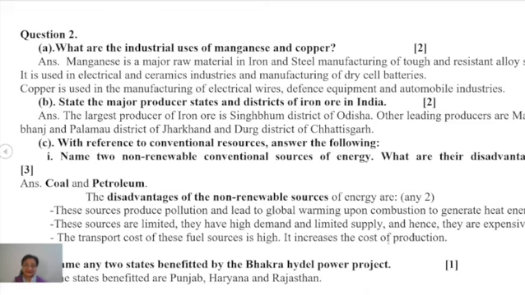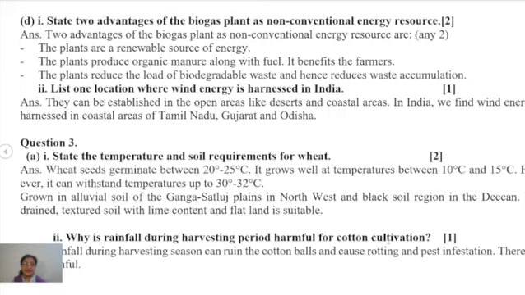Now the next part of the same question is: name any two states benefited by the Bhakra Nangal Hydel Power Project. The Bhakra Nangal Hydel Power Project actually gives benefit to three main states, that is Punjab, Haryana and Rajasthan. After this, the next question is: state two advantages of the biogas plant, a non-conventional energy source.